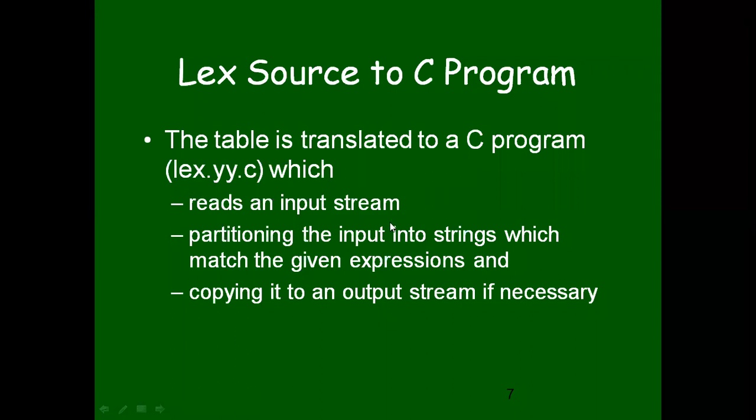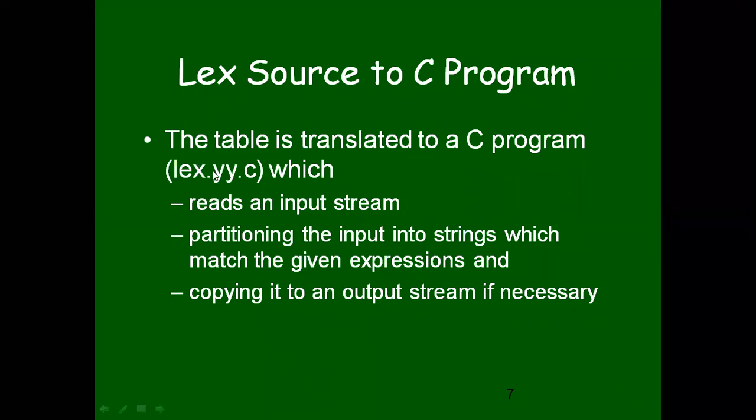It reads an input stream, partitions the input into strings which match the given expression, and copies it to an output stream if necessary. These are the things done by the Lex source to C program. Make a note of these points.